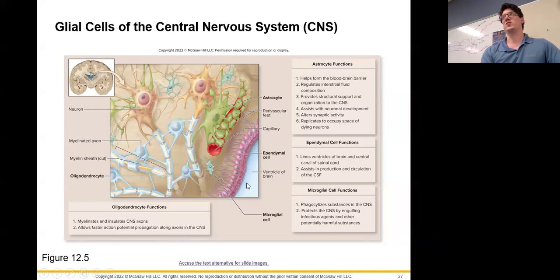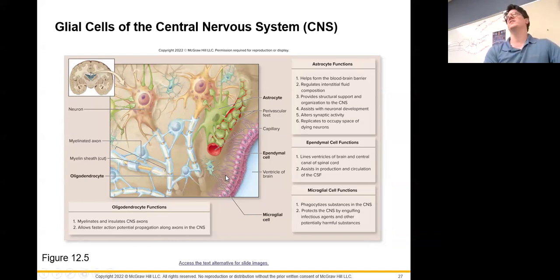And they are also going to secrete cerebrospinal fluid into those places, once again, so that we have a nice, static sort of chemical environment in which our central nervous system lives and can do its job, okay? So they're always going to line these spaces. Now, the spaces in the brain are going to be called ventricles. So if you ever see the word ventricle, it's basically talking about a space inside the brain.